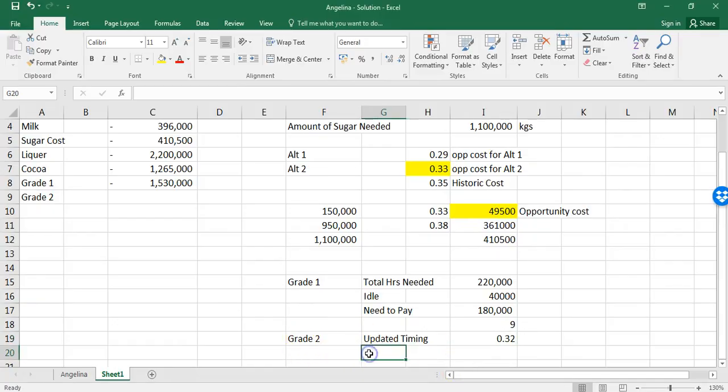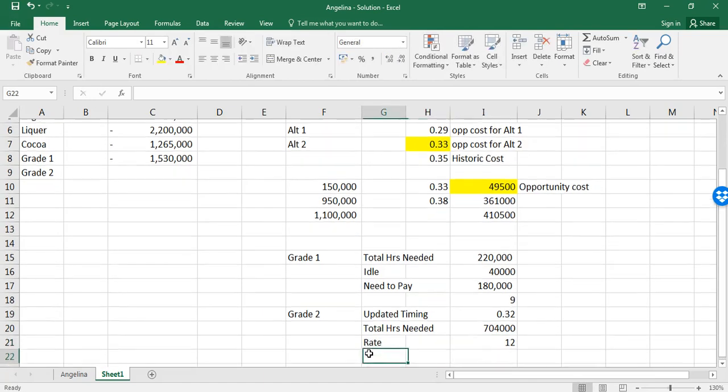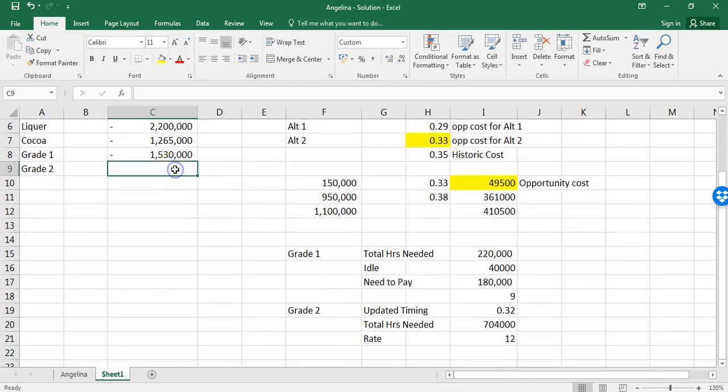So you're now going to need total hours needed of 2.2 million boxes times 0.32 per box, which is 704,000 hours, and the rate is €12 an hour. So minus 704 times 12. So that's about 8 million.